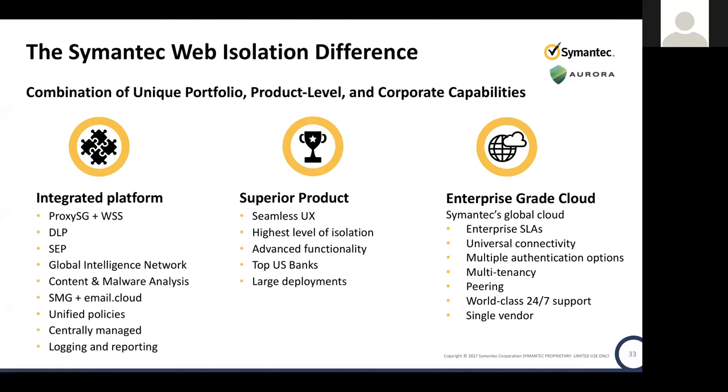We have highest uptimes, SLAs, multi-tenancy, many different data centers around the world. We do some peering with vendors such as Microsoft and things of that nature that help even with your Office 365 deployments. Great support is 24/7. We also have great partners for support such as Aurora. And again, you get all this in a single vendor.